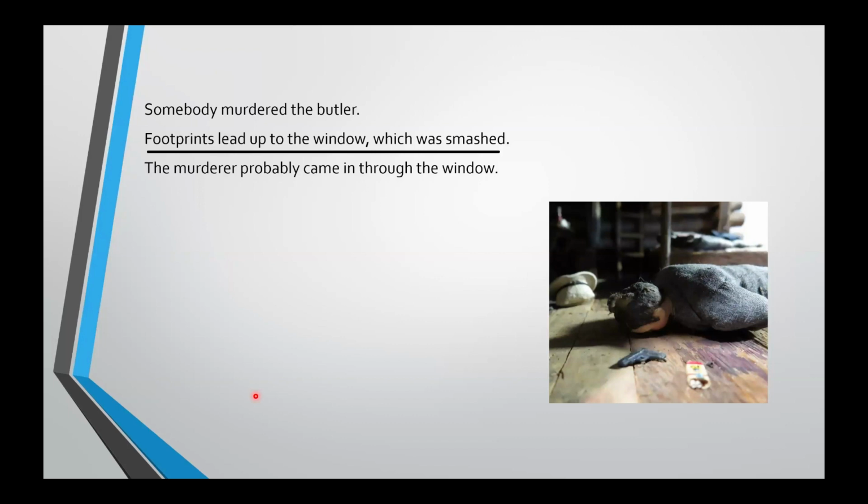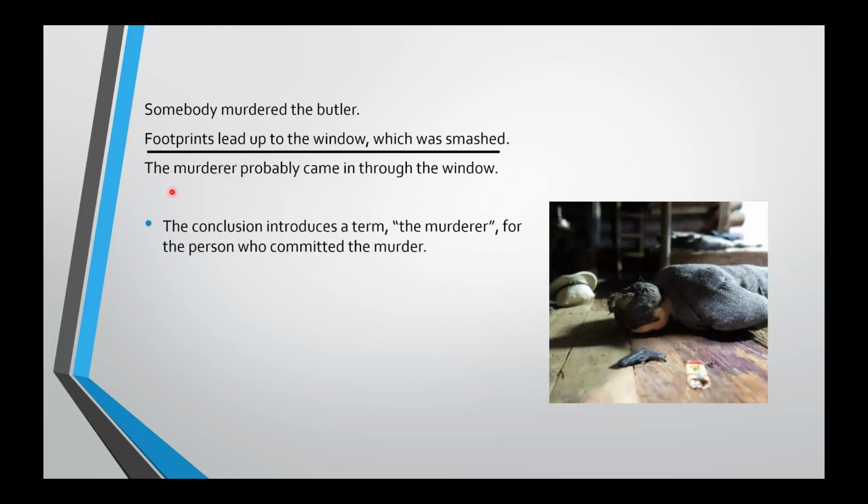Now, there's a subtle logical move that is being made in this conclusion that, when we do this, we're almost never aware of. And this is that given that we're aware that somebody murdered the butler, we are introducing a term for that somebody, which is the murderer, right?